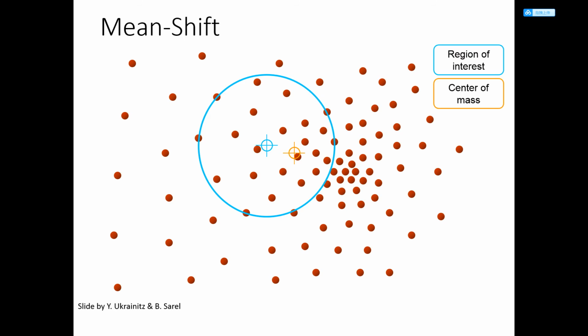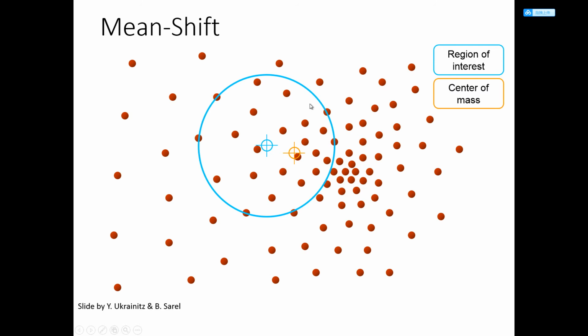For each data point, we see whether it's closer to any of these cluster centers, even if it's far away. But for mean shift, we just have this local effect. For each cluster center, we look at the local region in this neighborhood, and the points in the neighborhood will be in the same cluster.